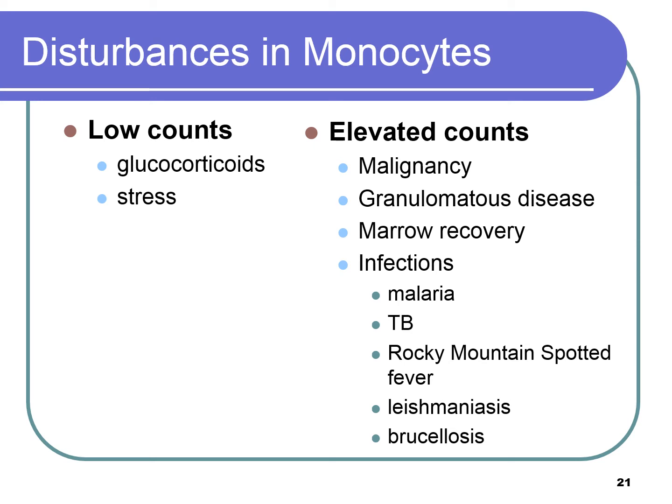The disturbance in monocytes is either in the count or the function. In count, a low count may be associated with stress or steroid therapy. An elevated count may be caused by malignancy, granulomatous disease, marrow recovery, or certain infections like TB, malaria, leishmania, and brucella.